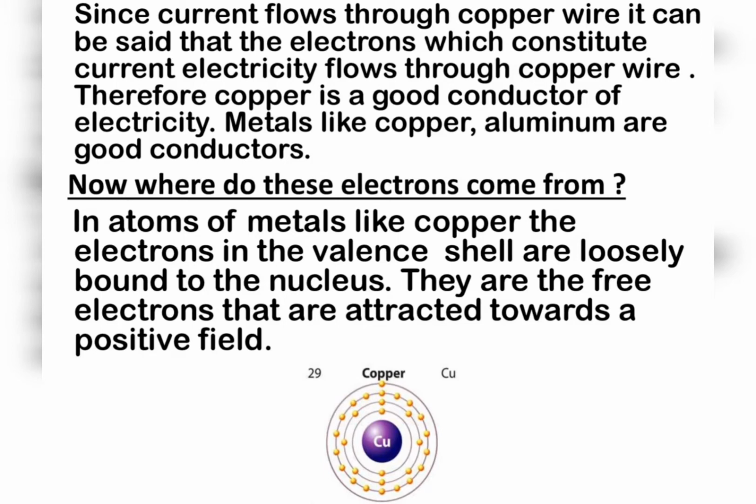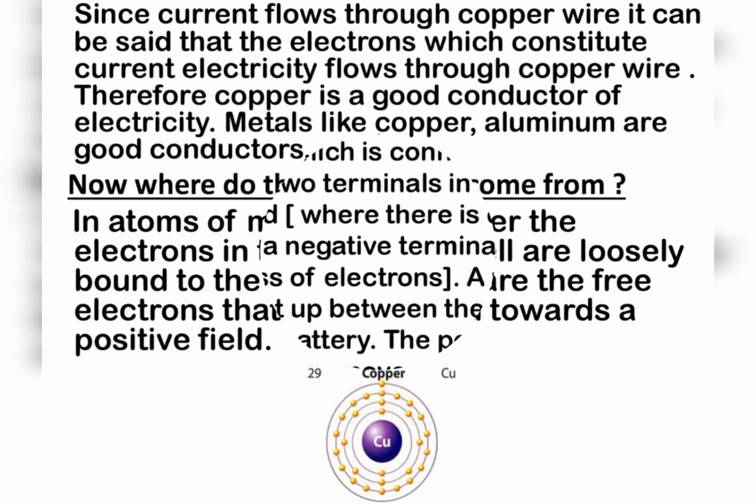So the electrons in the valence shells of such metals are loosely bound to the nucleus, and these are free electrons which are attracted in a field created by positive charges. That means positive charges are where there is a depletion of electrons, and electrons are attracted towards that side.